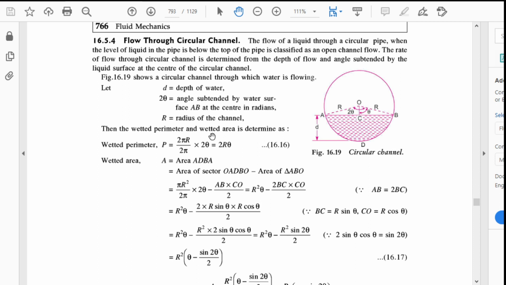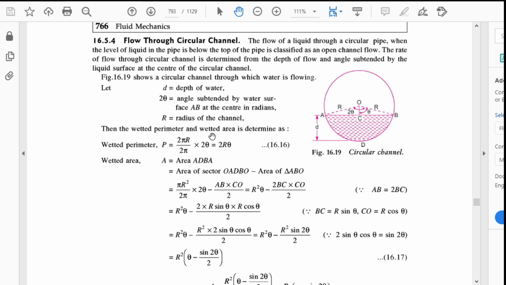That means the pipe should not be fully flowing. There must be some space between the top of the pipe and the water surface. Then and only then is that pipe flow classified as open channel flow.